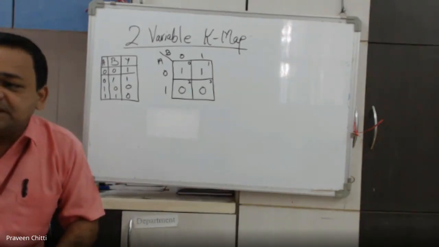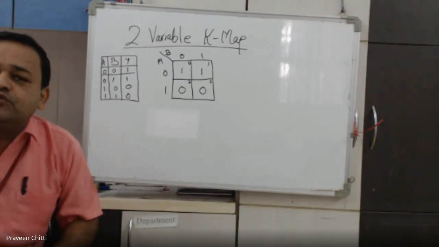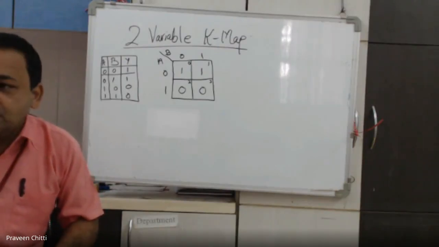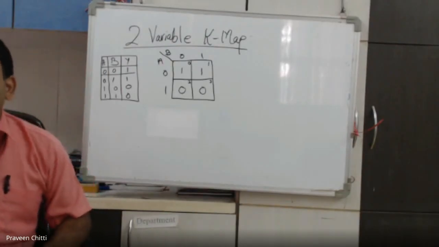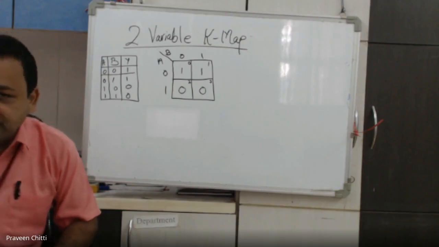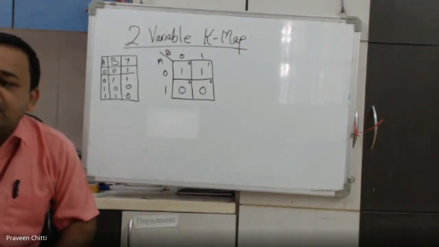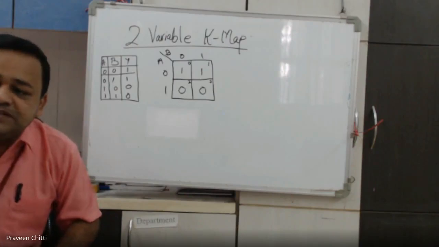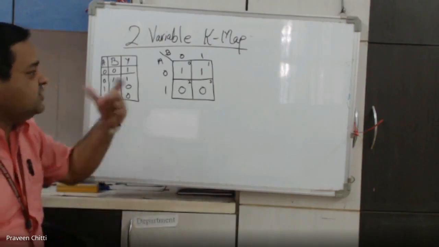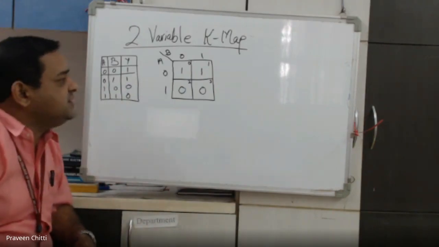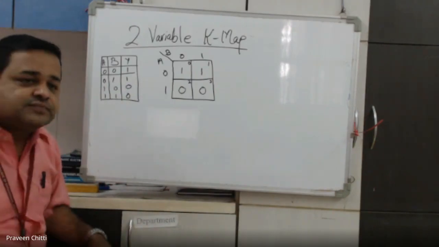As far as possible, form groups of powers of 2 only; if that is not possible, you can form a group of a single 1. Is that clear?